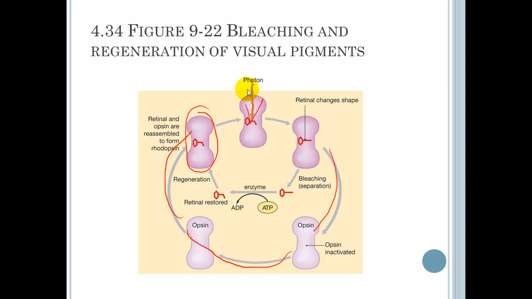This is how it makes this, so that it will pick up the photon, and this requires energy, or ATP. Once the photon is assimilated and the bleaching separation occurs, ATP is used and retinal is restored so that it can pick up more information.